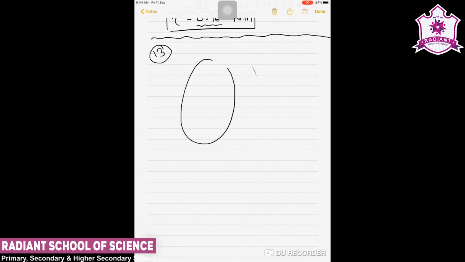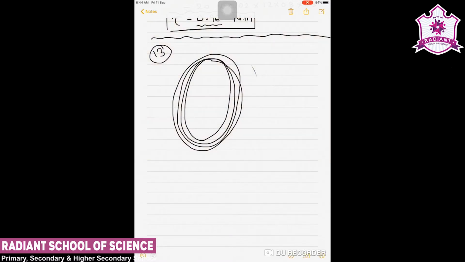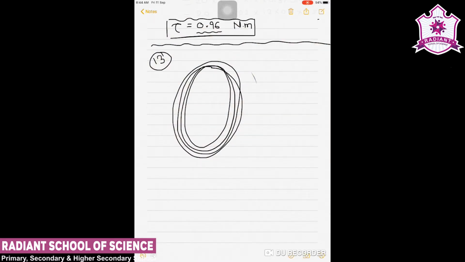So we can say that this is the coil with some number of turns they have given us. We consider it like this. It has 30 turns. So here we are given that n is equal to 30.